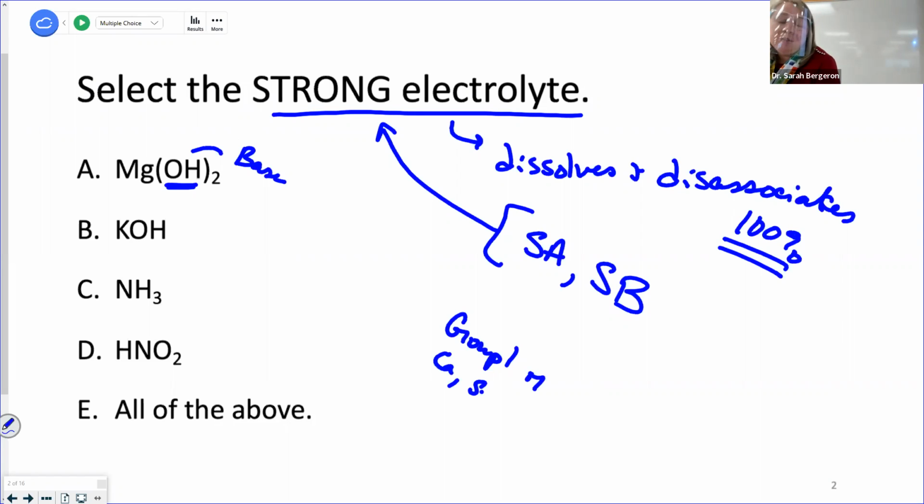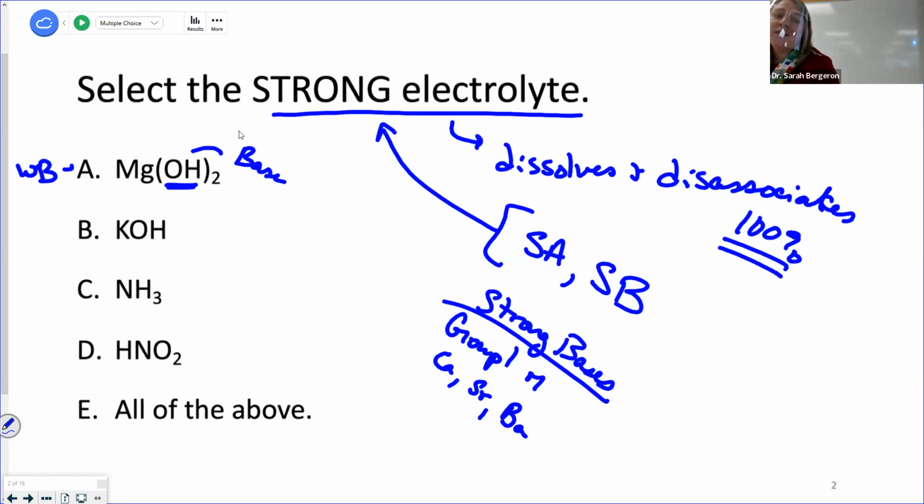Calcium, strontium, and barium hydroxides. Right? Remember this? Yeah? Okay. So A, is A one of these? These are the strong bases. Is A one of these? No, it's in group 2, but it's not calcium, strontium, or barium. So what is A? That's a weak base. So it can't be A.